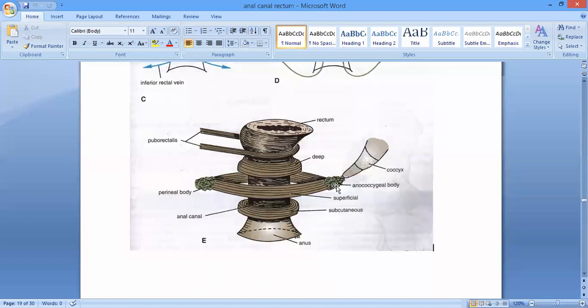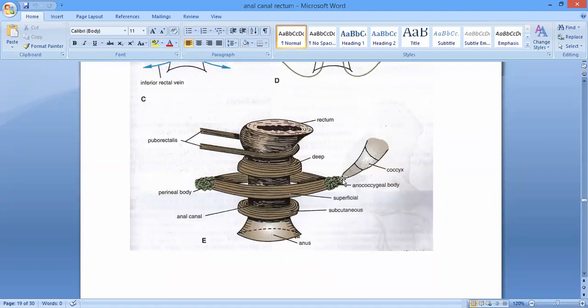It is stretched between the perineal body and the anococcygeal body. So the superficial part has its attachment anteriorly to the perineal body and posteriorly through the anococcygeal body to the tip of the coccyx.